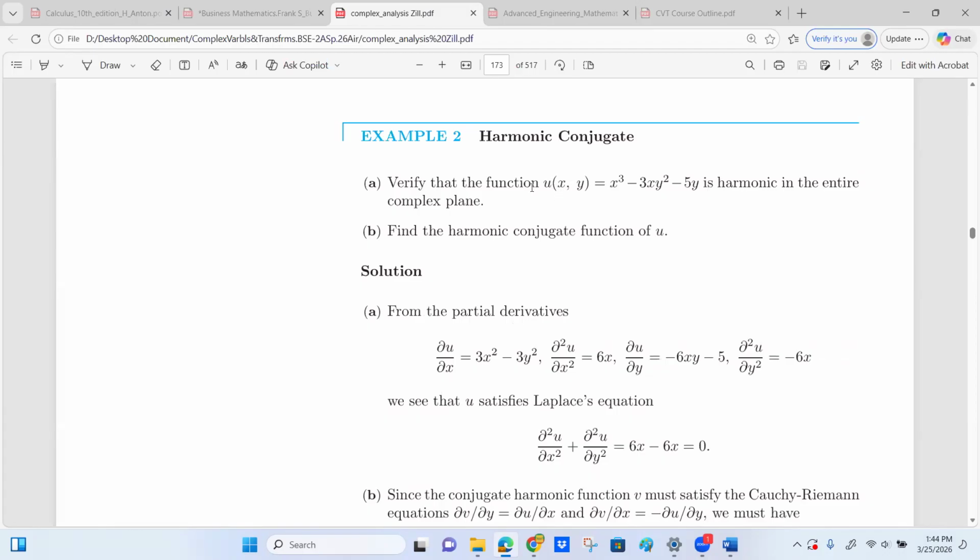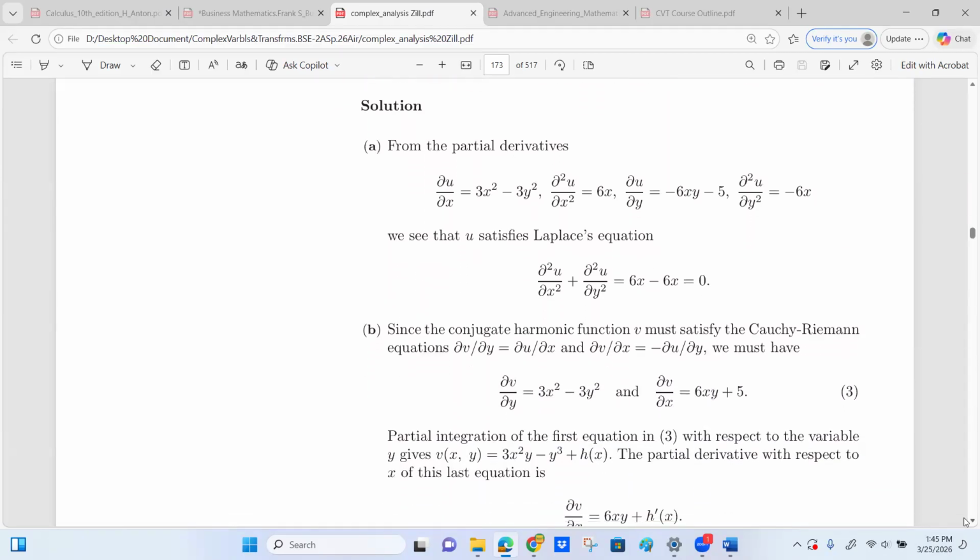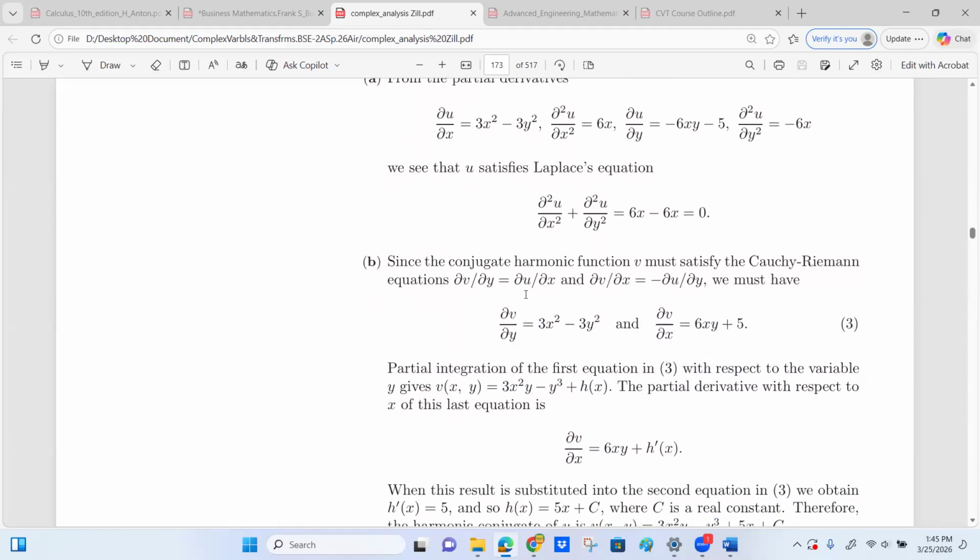This u function is the real part. From the CR equations we find the value of v, which is the harmonic conjugate function of u. And we find it as partial u by partial x is equal to partial v by partial y.